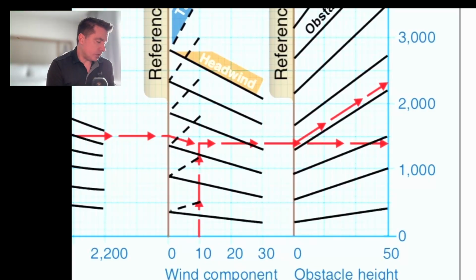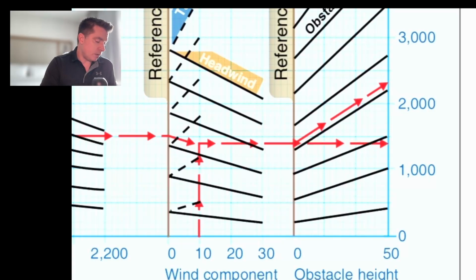But I don't know that there's any questions that don't have wind and don't have obstacle. They at least have one or the other. For both your landing and takeoff distance questions, I want to reiterate, use the correct graph for the correct question.